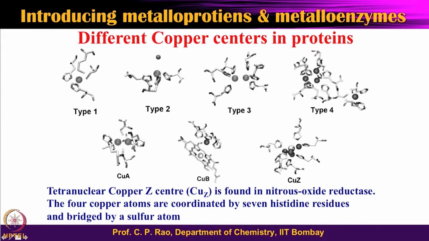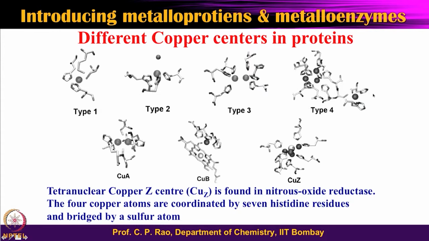Then type 2 has no cysteines, no methionines, no blue color, but still one copper center, and type 3 has 2 copper centers, no cysteines, and no blue color. Then the one which has all 3 we refer to as type 4. You see these 2 coppers are referred to as type 3, this copper is referred to as type 2, and very far away from it is the type 1.